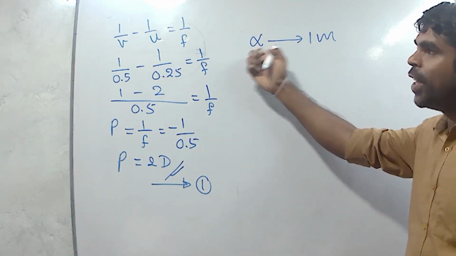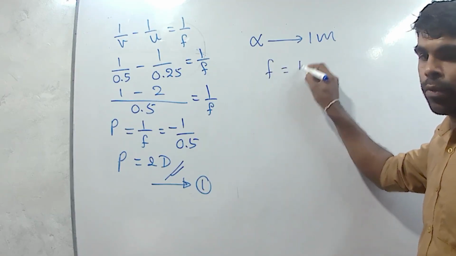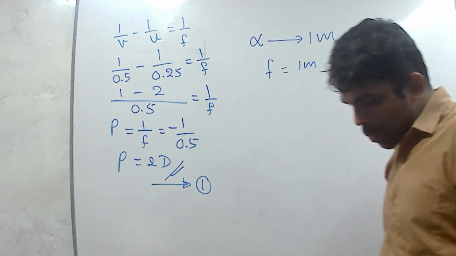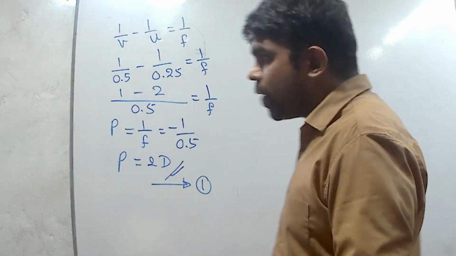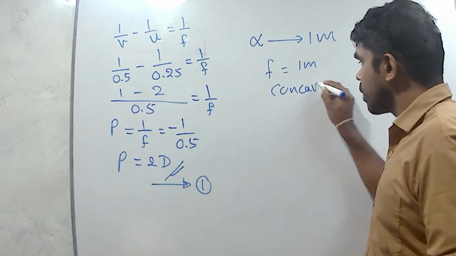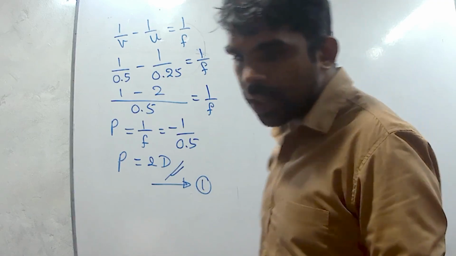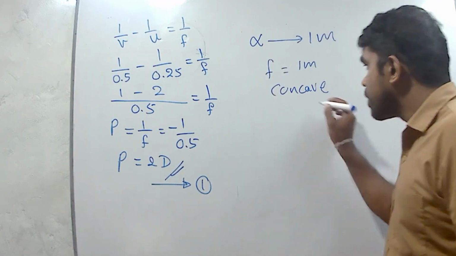To bring infinity to 1 meter, the focal length of the wearing lens should be 1 meter. And we know that to correct short-sightedness, we use concave lenses. A concave lens with focal length 1 meter, the answer is 1.